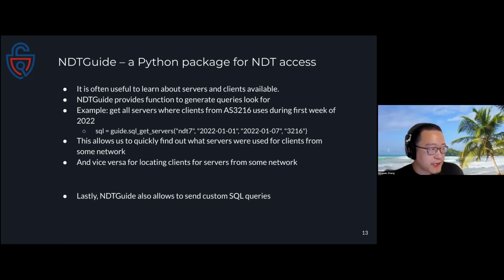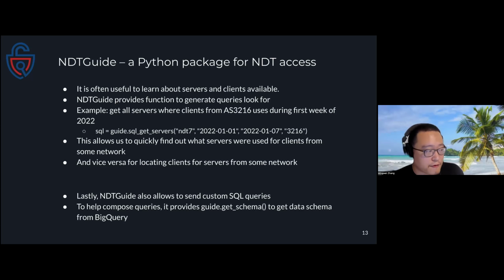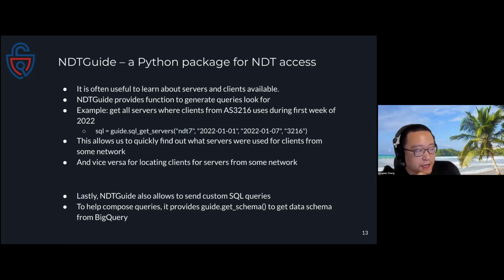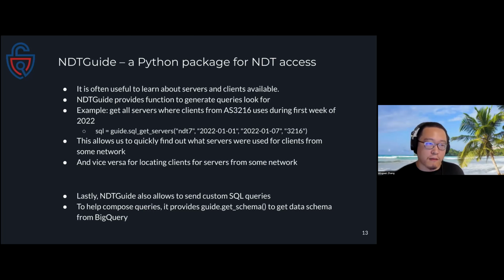So given a server, you can find a client, or given a client, you can find those servers. All right. And then lastly, NDTGuide also allows you to send custom queries or raw queries if you want. To help with that, I also embedded a schema function to get the data schema from BigQuery so that you can better construct your SQL queries there.